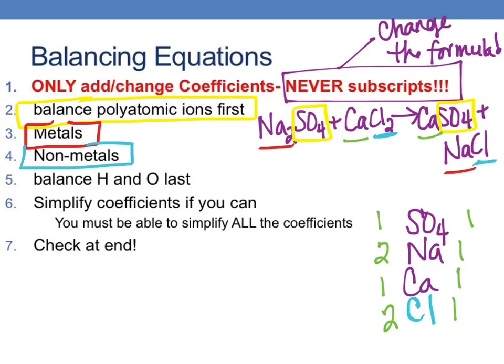We're going to add a coefficient right there. When I add that coefficient in there, how many Nas do I now have? 2. That also changes my chlorine. So how many chlorines do I now have? 2.